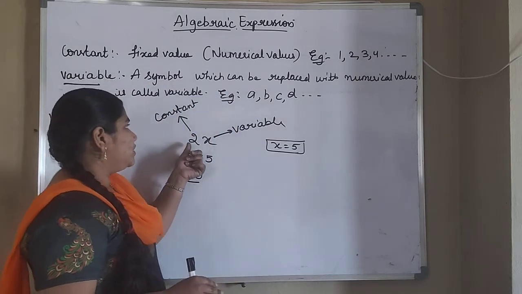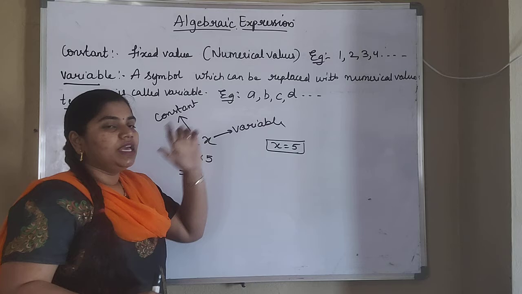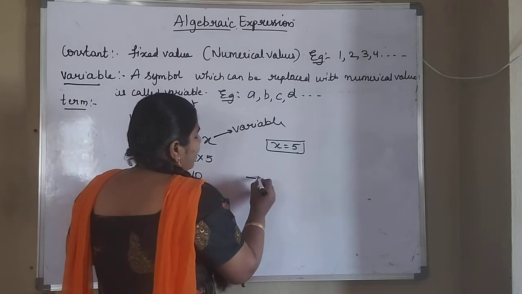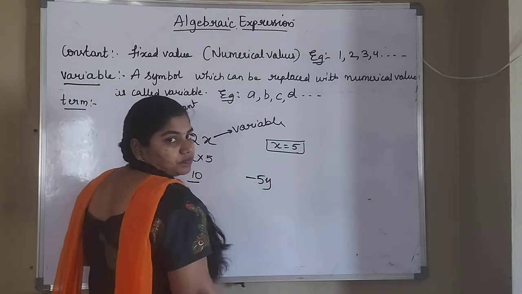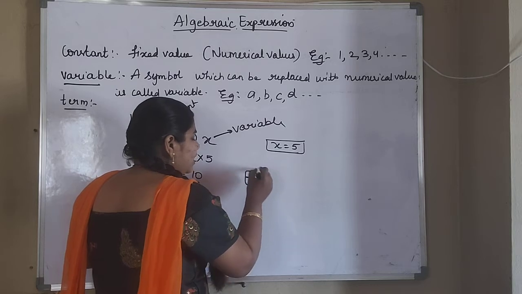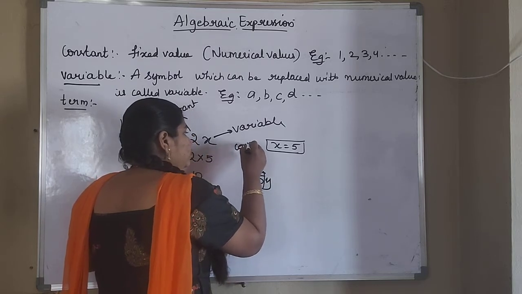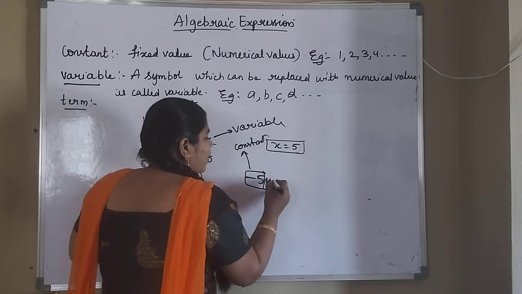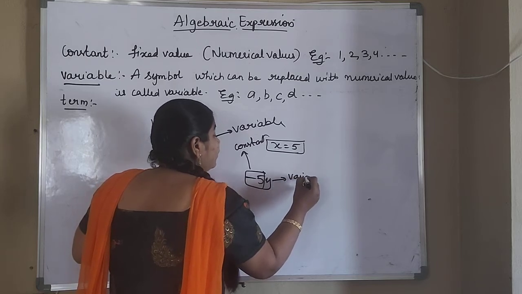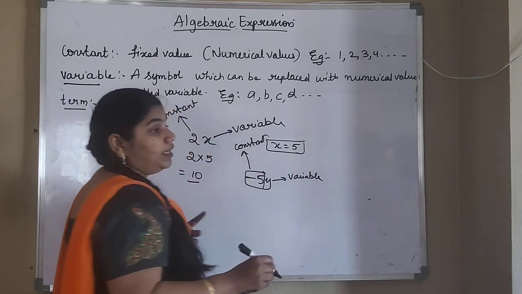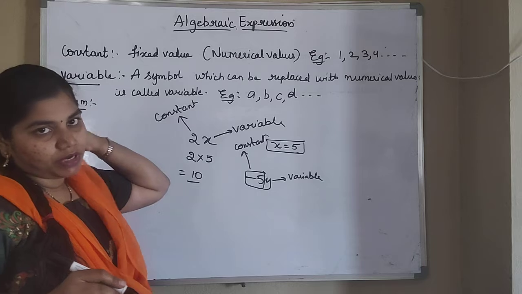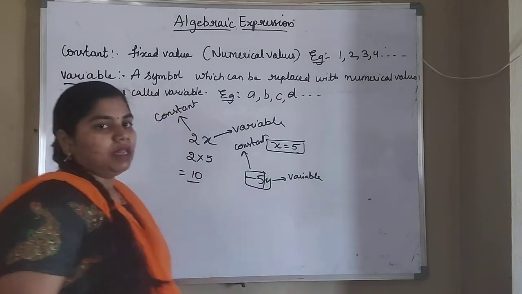So in 2x, 2 is a constant, x is a variable. In the same way, in minus 5y, minus 5 is a constant value and y is a variable, which can be replaced with any numerical number.